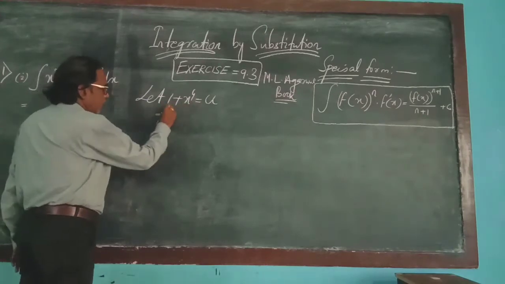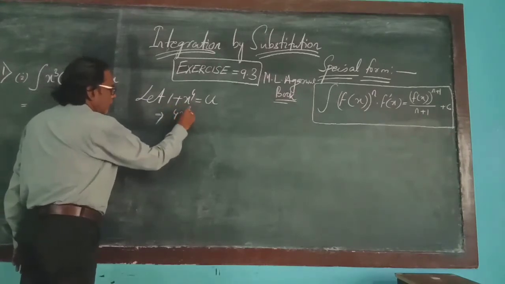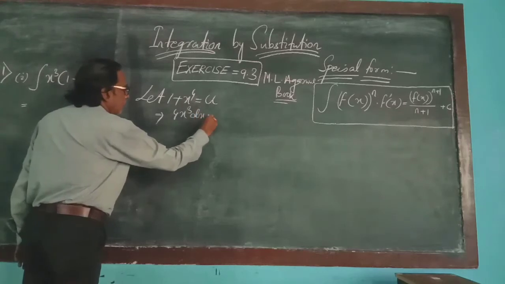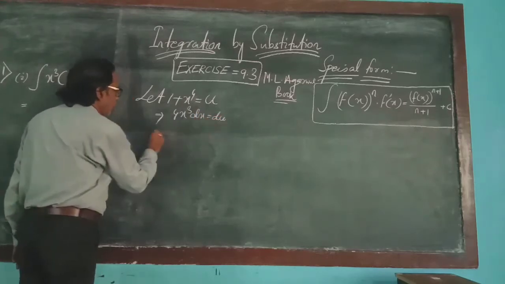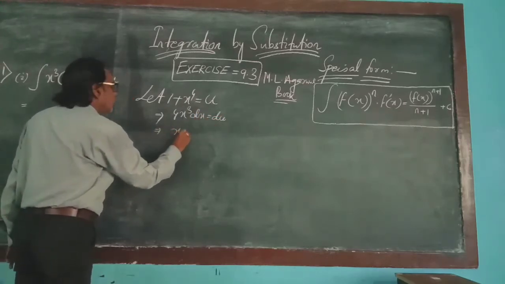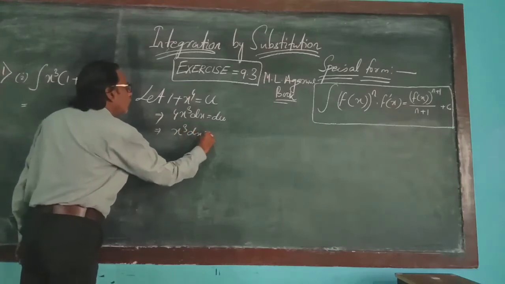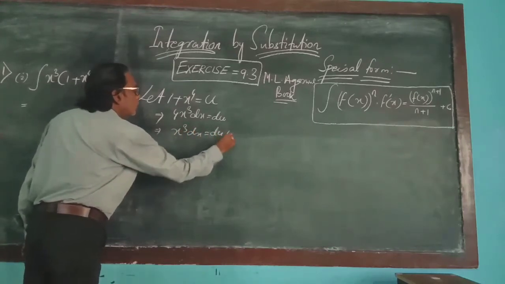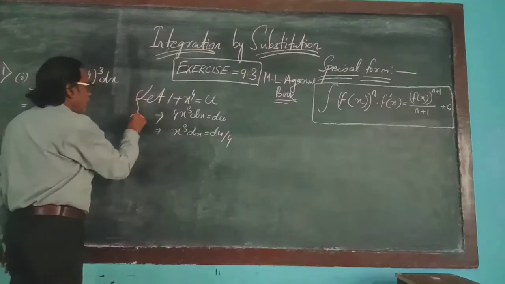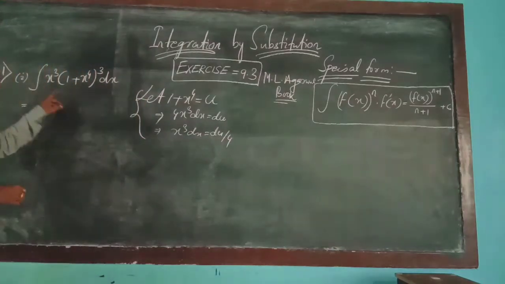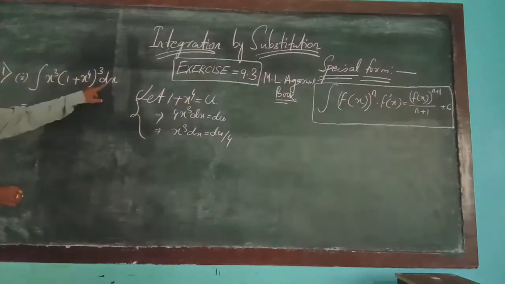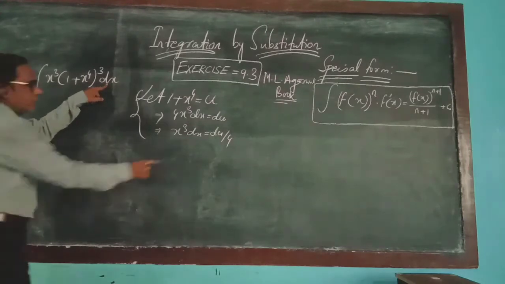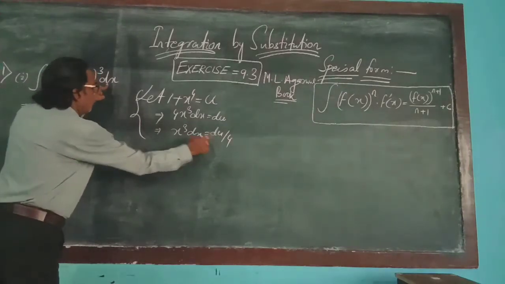The derivative of 1 is 0, and this will be 4x cube dx equal to du. That means x cube dx will be du by 4.